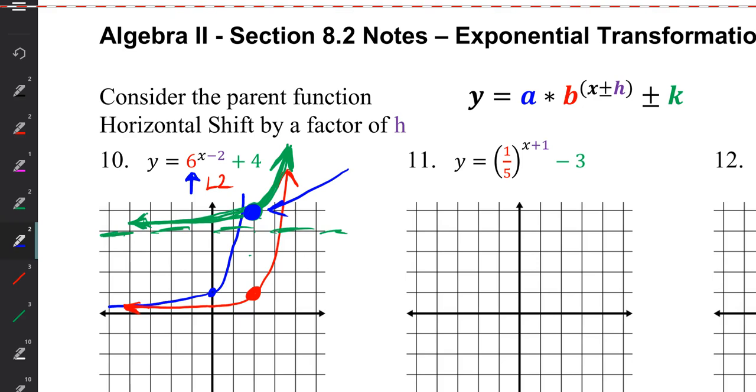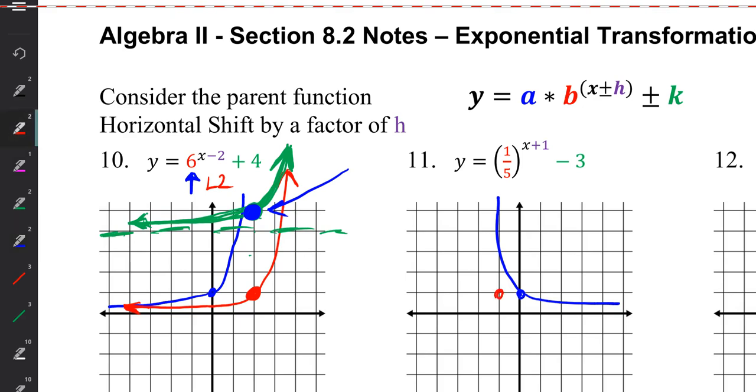All right, next one. Luke, Jaffrey, or Harry, growth or decay? Number 11. What do you think? Decay. So draw basic decay. Let's see if I can get this right here. Plus 1 shifts which way? Left. Oh, that's right. For your perspective, that was right. From my perspective, it was left.